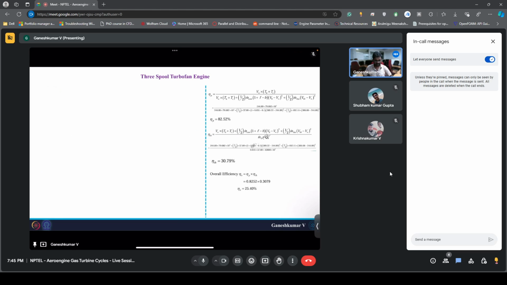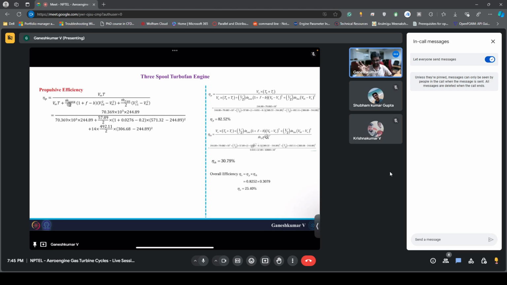Before that, we will try to calculate the efficiency. First is propulsive efficiency, and the equation is the same. We have been studying it for the last 7 weeks, so I don't need to explain this. You can substitute these numbers. The only thing is this bleed ratio you need to take into account, because these two terms are the kinetic energy that we are losing at the exit of the engine, right?